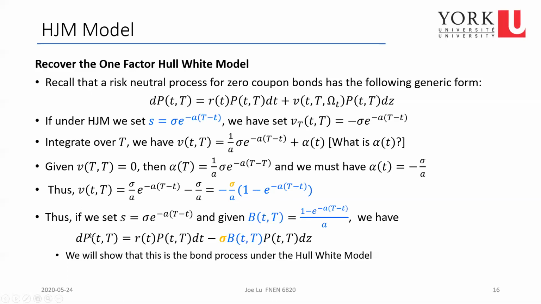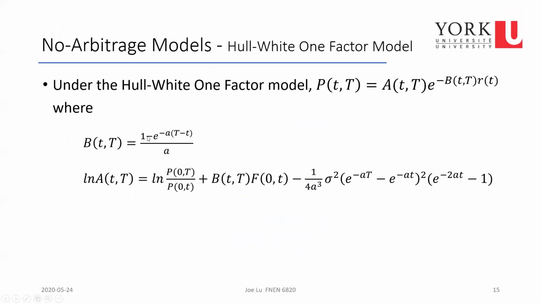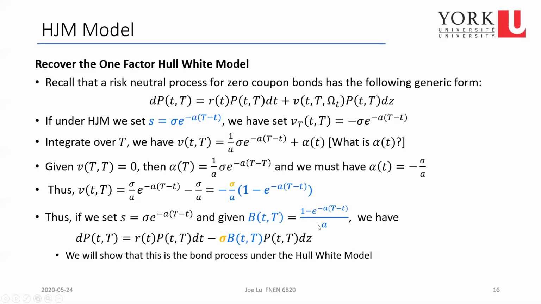Okay, so we figured out this volatility term for the zero coupon bond process. So let's plug it in. If B is taking this form, which is actually from here, we will say that the process is this times sigma times this B times T here.